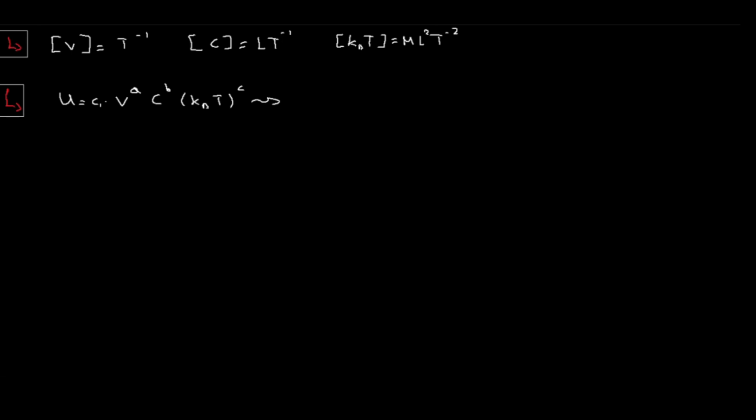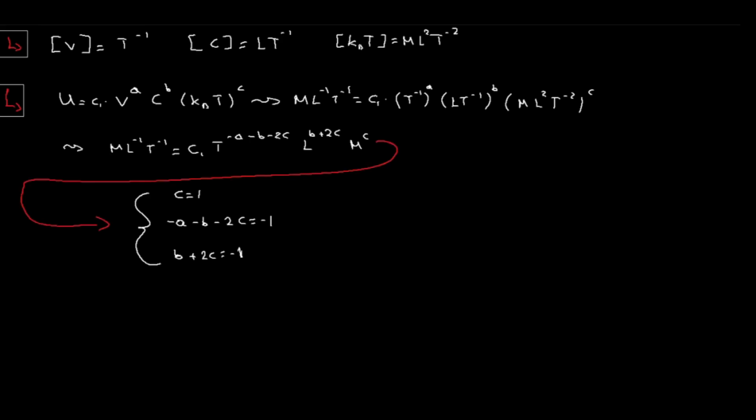Our equation therefore becomes spectral energy density equals some dimensionless constant C1 times frequency to the power of A times the speed of light to the power of B times the product of the Boltzmann constant and the temperature all raised to the power of C. Substituting the dimensions into both sides of the equation, doing the algebra, and solving the system of linear equations, we find that A equals 2, B equals -3, and C equals 1.